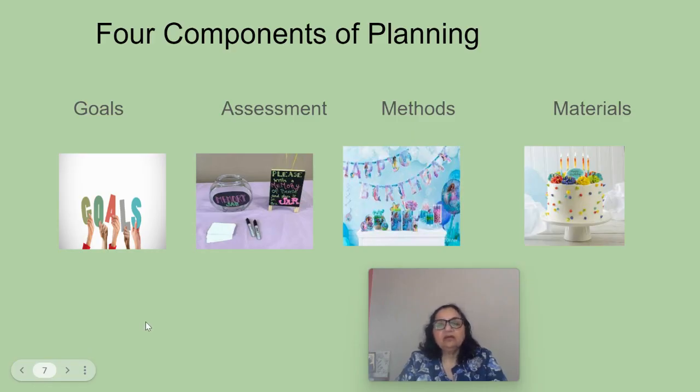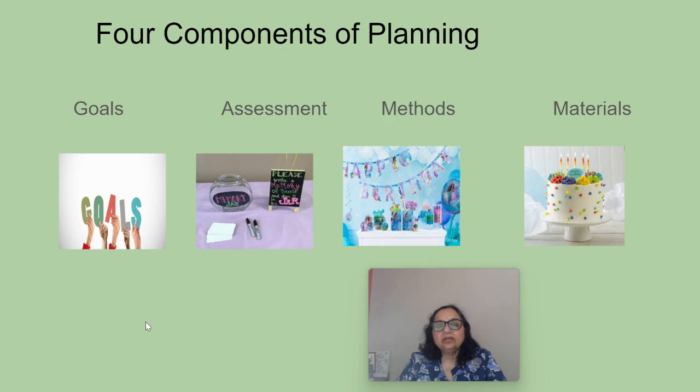Whenever we plan, there are four components of planning. Whether we do any kind of event planning or lesson planning, there are always four components. The first one is goal, the second is assessment, the third is method, and the fourth is materials.